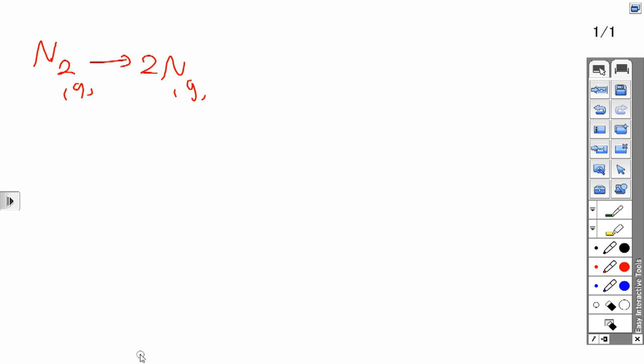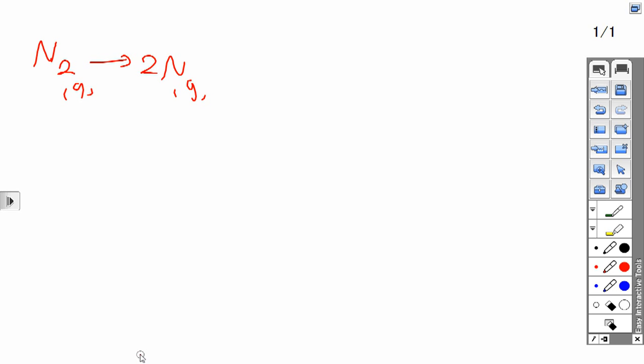The question is: what are the signs of delta S and delta H for this reaction or for this change? What is the sign of delta H and delta S? Delta H negative and delta S, delta S positive.